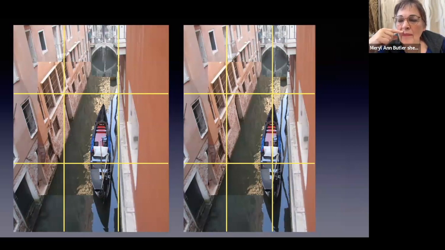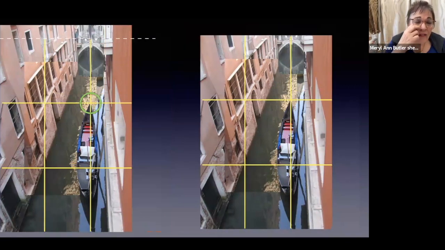So I'm thinking, ooh, we could move that down a little bit and line it up perfectly, which we have on the left here, circled in green. What that means is we have to cut off the top part there, which is where the dotted line is, because once I make my rule of thirds shorter so that that intersection lines up, then it only goes up to that dotted line.